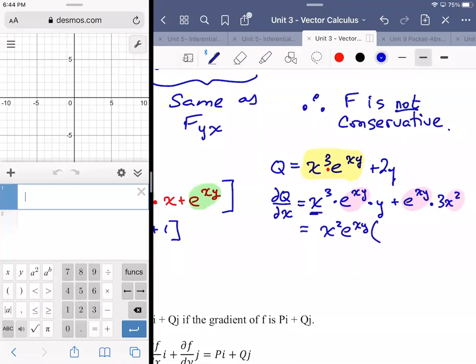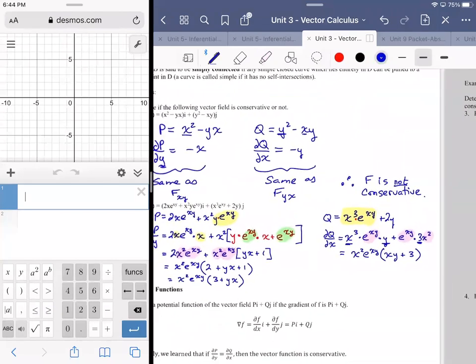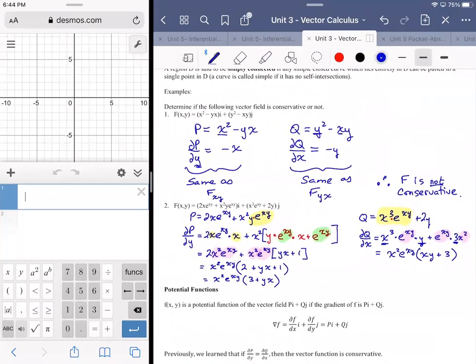So that would make this into just an x. I still have the y. And then over here, I just have the plus. There's only a 3 left over, so plus 3, which happens to be what the other side is, commutative property notwithstanding. So therefore, I would say F is conservative.